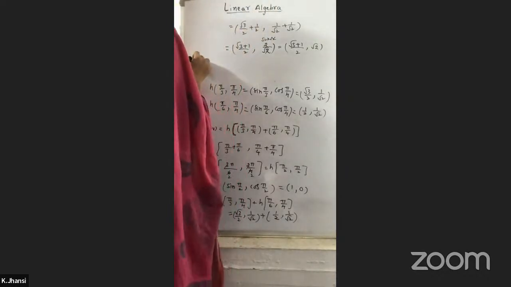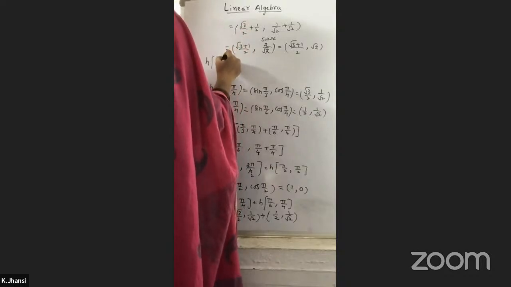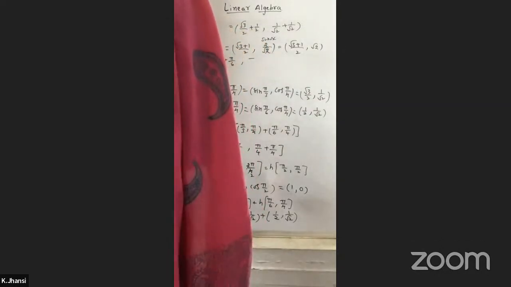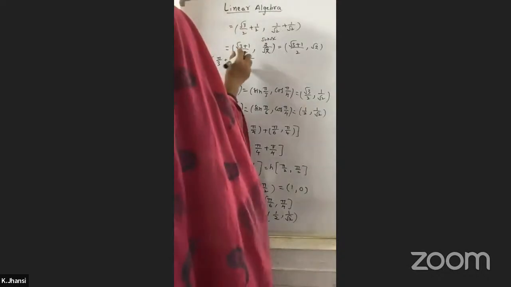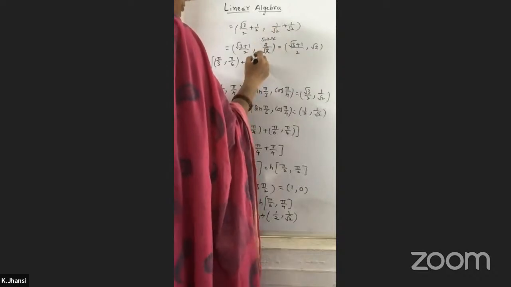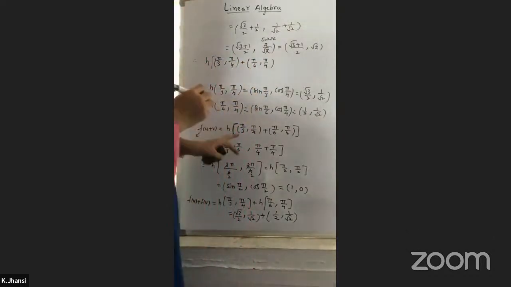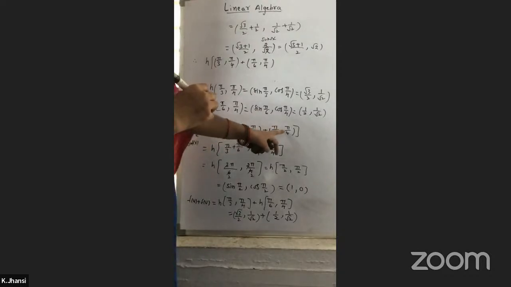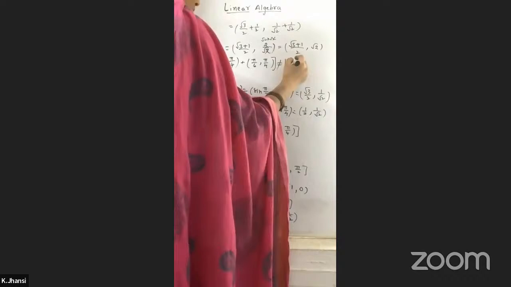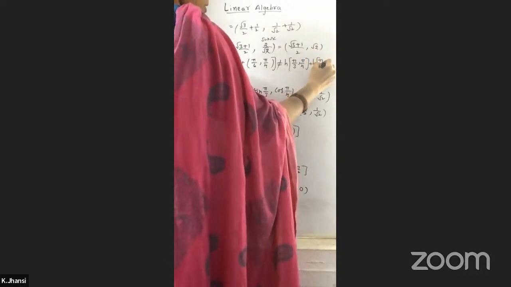Therefore, we can write h of pi by 3 comma pi by 4 plus pi by 6 comma pi by 4 is not equal to h of pi by 3 comma pi by 4 plus h of pi by 6 comma pi by 4.